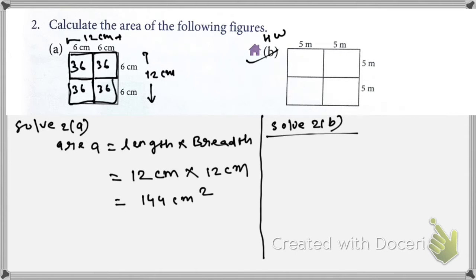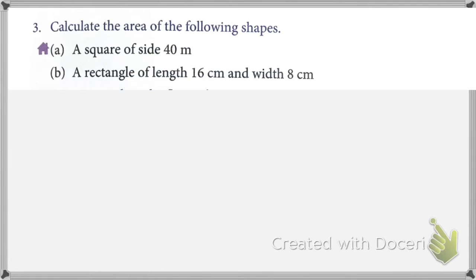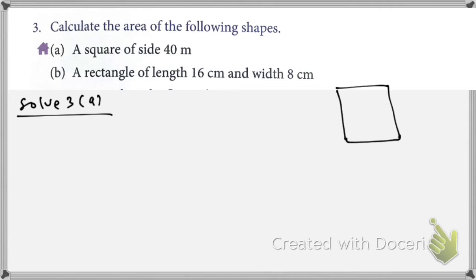Now let's solve question number 3. Question 3 says calculate the area of following shapes. Square of side. We have been given the side of one square, so what is the area of the square?